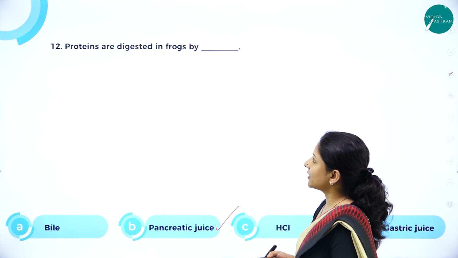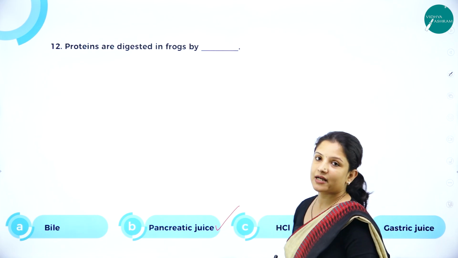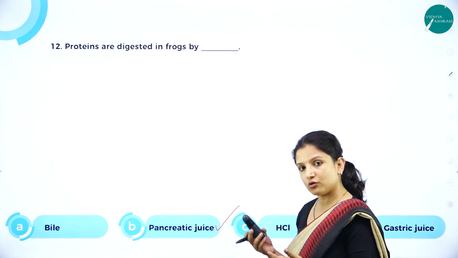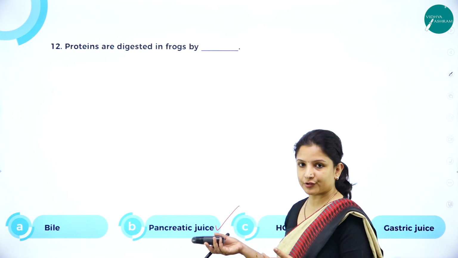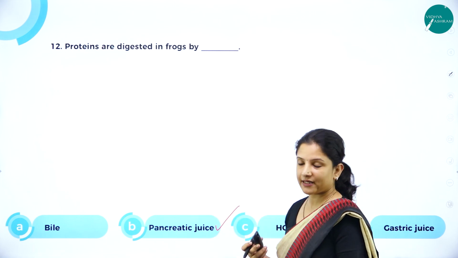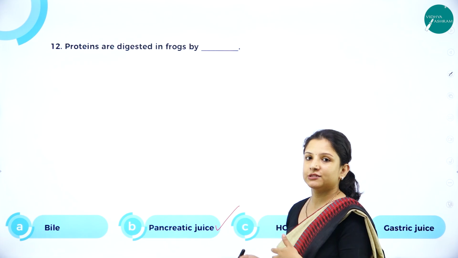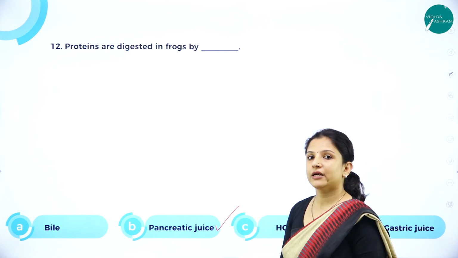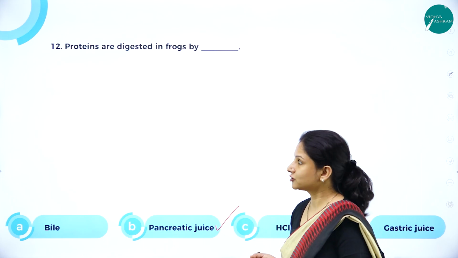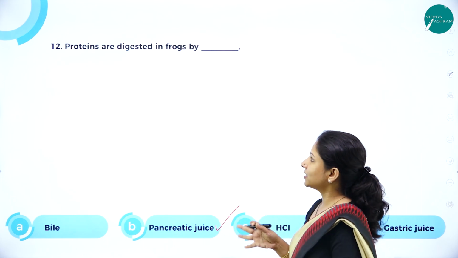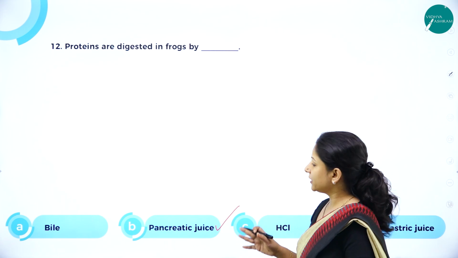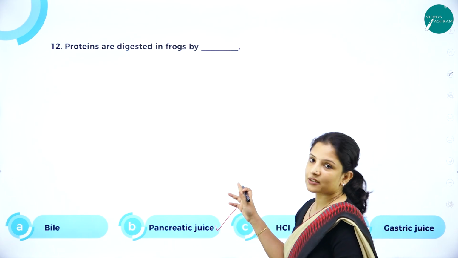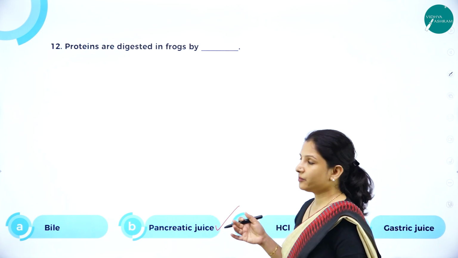So the question can be asked here, carbohydrates are digested in frogs by, then also the answer is pancreatic juices only. Bile, it emulsifies fat. HCl helps in partial digestion of the food in the stomach. Gastric juices also help in partial digestion of food in the stomach. So proteins are digested in the intestine completely by the pancreatic juices that are secreted by the pancreas.